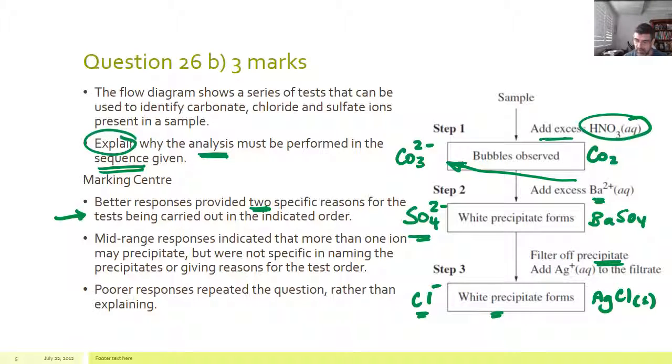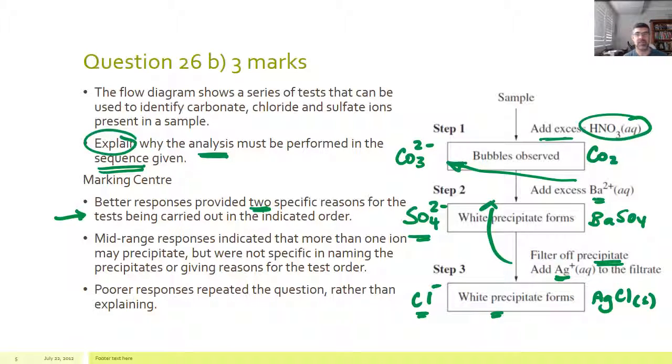Likewise, if we moved the silver further up, silver will form a precipitate with all three of these ions. Silver carbonate, silver sulfate, and silver chloride are all insoluble. So if we start with the silver, then we're going to end up with just a whole heap of precipitates, and we won't know which is which.